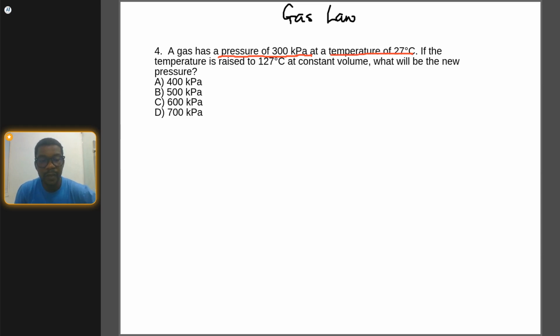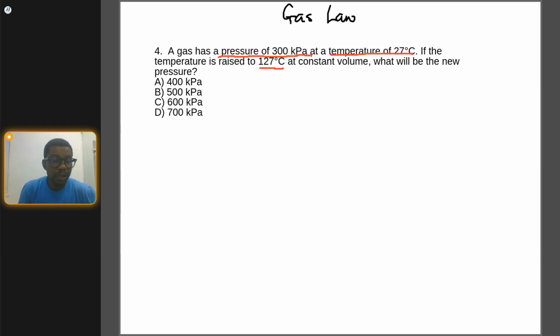If the temperature is raised to 127 degrees Celsius at constant volume, what is the new pressure?